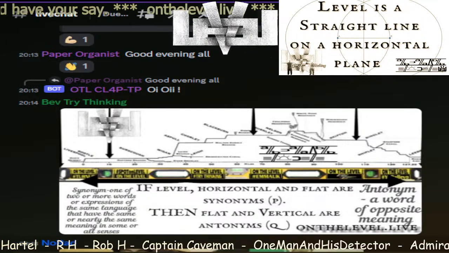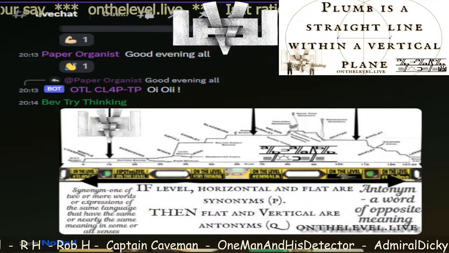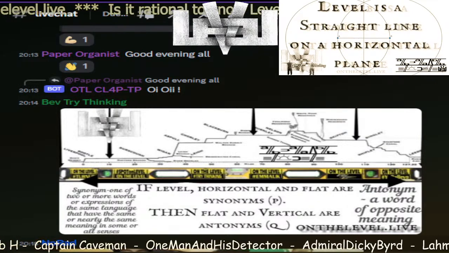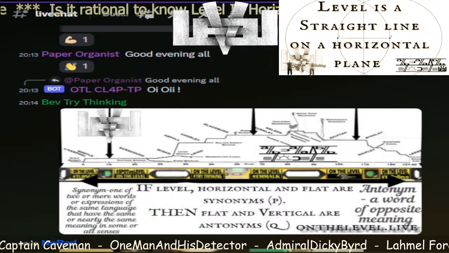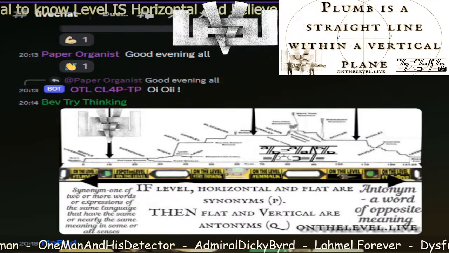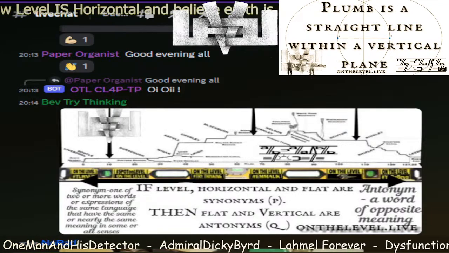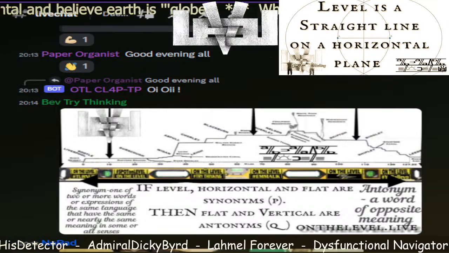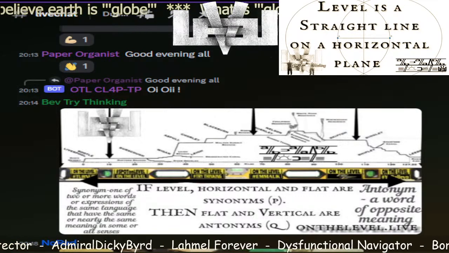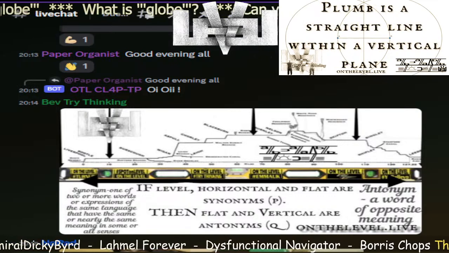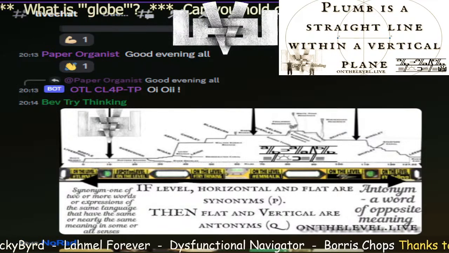See, flat datum. Adam, yeah, this is your problem, Adam. It's on a vertical datum, and vertical, according to your argument, is an antonym for flat. So the very fact that you're using a vertical datum is an antonym for your flat, which means the vertical datum cannot be flat.